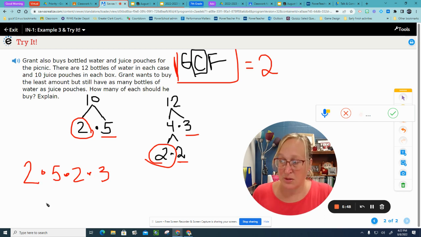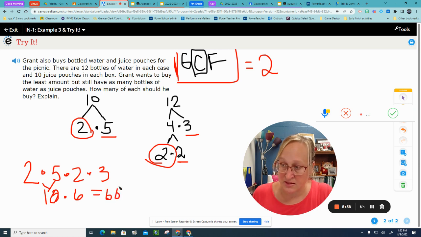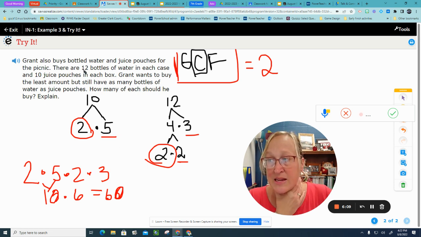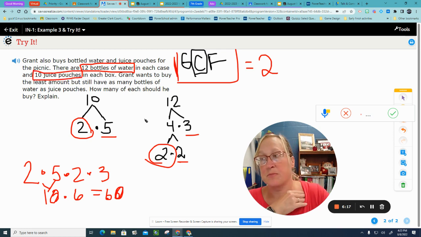So 2 times 5 is 10. And 2 times 3 is 6. So 10 times 6 is 60. So our least common multiple of 12 and 10 is 60. Okay? So we need 60 bottles of water, and we need 60 juice pouches.